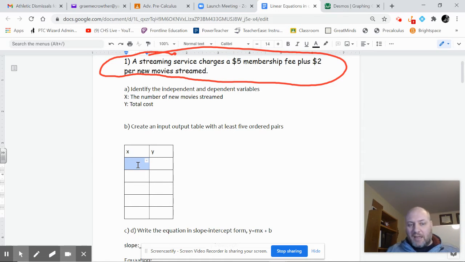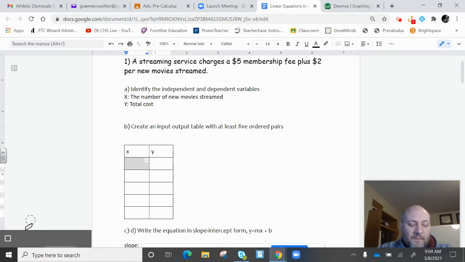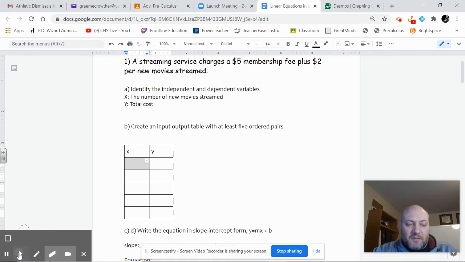Now remember, we're using a context. So if X is the number of new movies streamed, X cannot be negative. So I'm going to start my table at 0. And I also cannot have fractional movies.